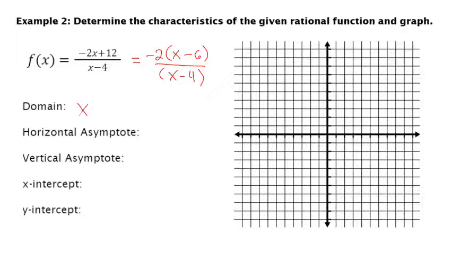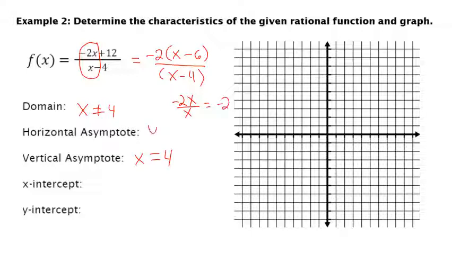So our domain is x cannot equal 4 because that's our bottom. Our vertical asymptote then would be x equals 4. Our horizontal asymptote, you can see that there's an x on the top and bottom, so this would be like a 1-to-1. And so when we simplify, negative 2x over x is negative 2.